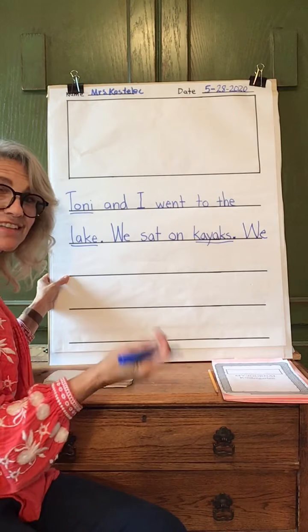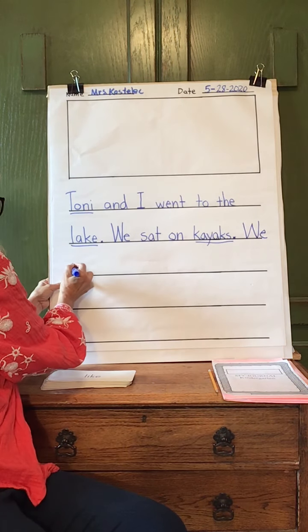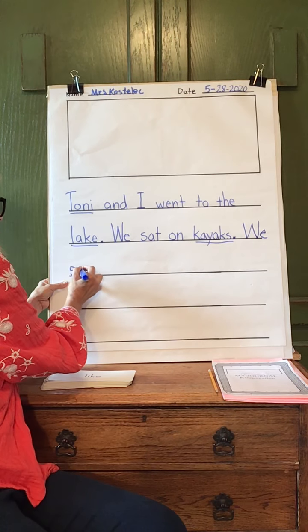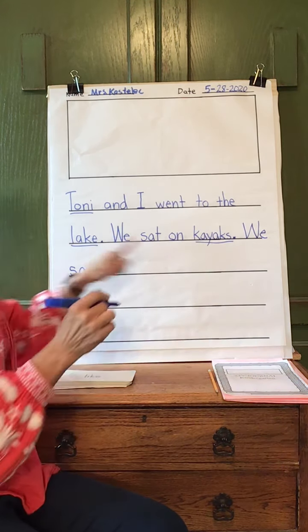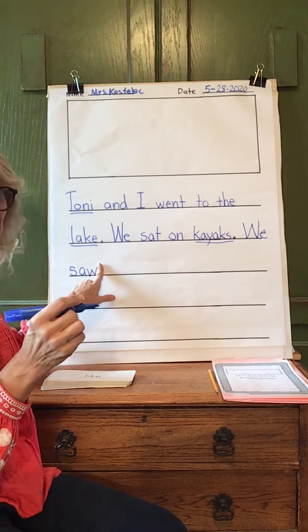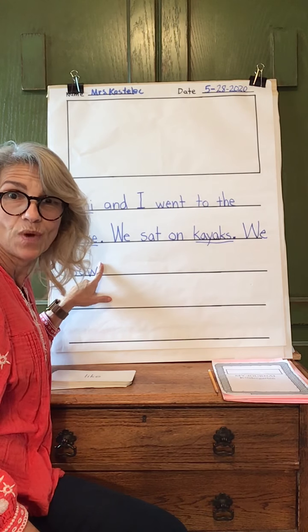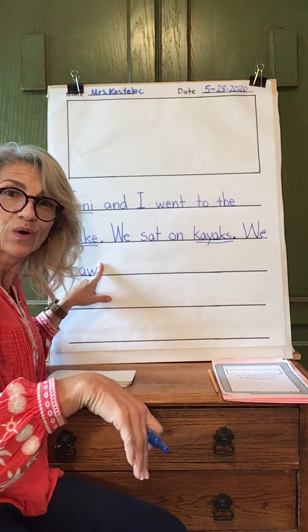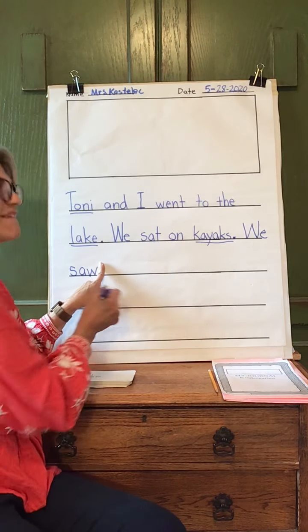Now saw is a lot like our sight word was. It's just flipped. So we saw. S-A-W. We saw spaceman. Now, a lot of times when you're at the lake, you see fish in the water, don't you? You see them jumping out, you see them swimming around by your feet. So I'm going to write fish.